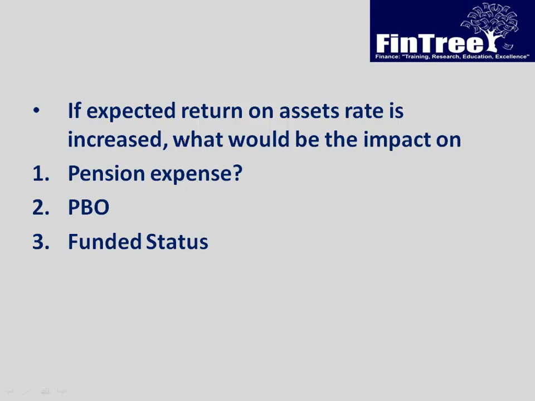Yeah, this is expected return on plan assets. Yes, pension expense. Decrease. Okay, because to find out pension expense, we reduced expected return on plan assets, not the actual. PBO. Good.